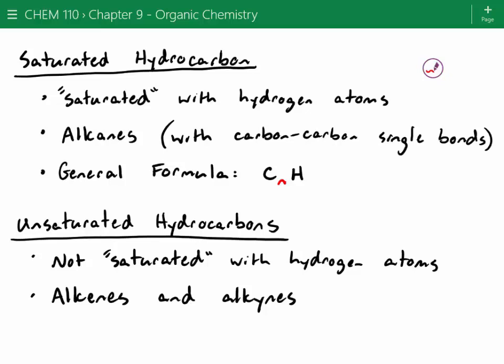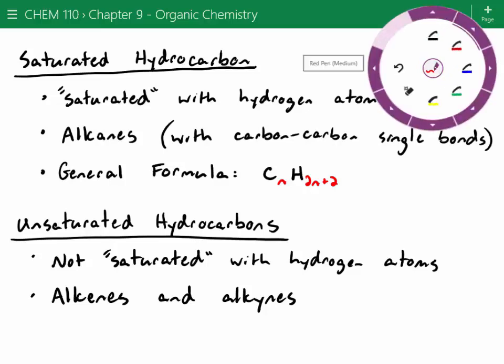Yeah, 3 times n. Kind of. So what you do is 2n plus 2. So for example, in our example, we had 2 carbons, which would mean we'd have 6 hydrogens, right? If we plug in the 2 for that n, you can actually use this to predict the formula for longer and longer hydrocarbons. They always have this general formula.